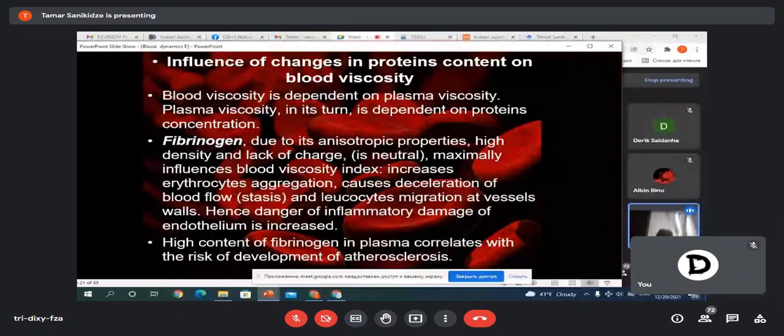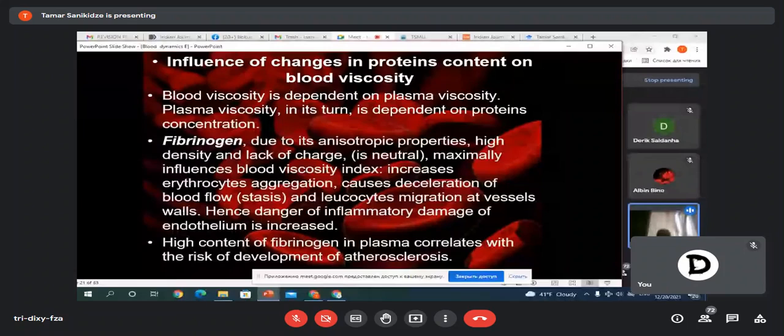Increase of the fibrinogen content in the blood supports the increase of erythrocyte aggregation, causes deceleration of the blood flow, stasis, and leukocyte migration at the vessel wall. Hence, the danger of inflammatory damage of the endothelium is increased.